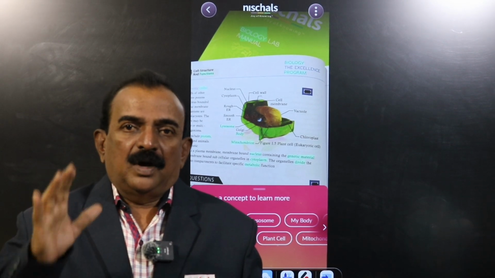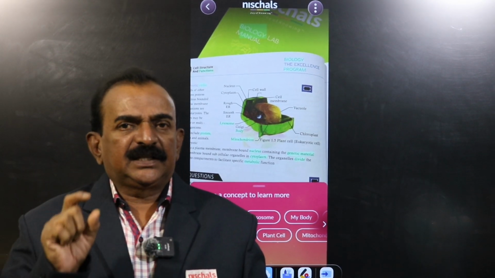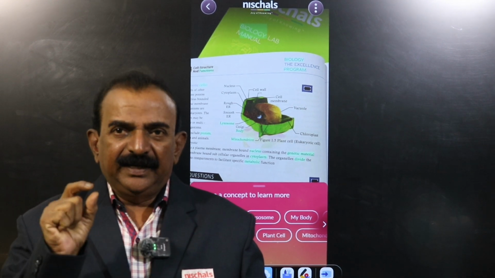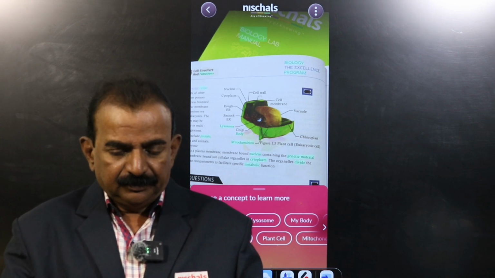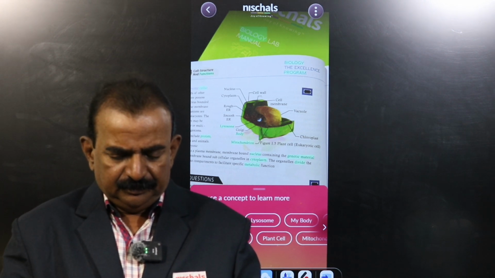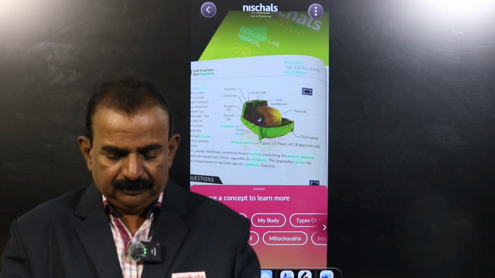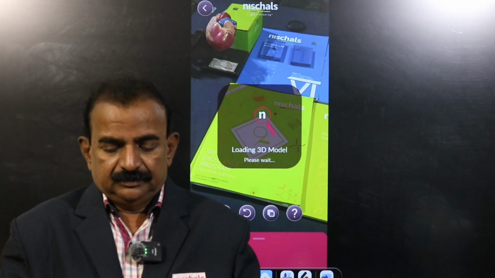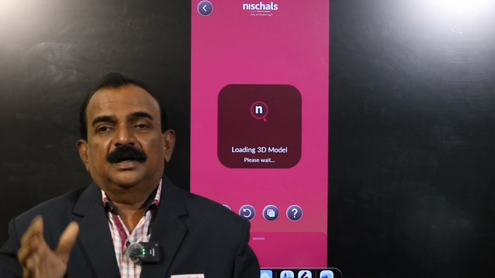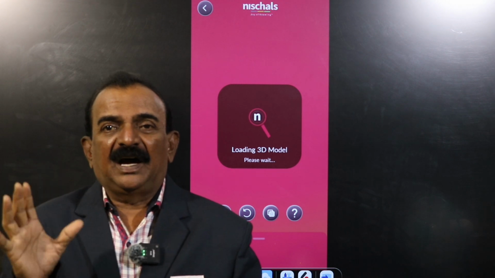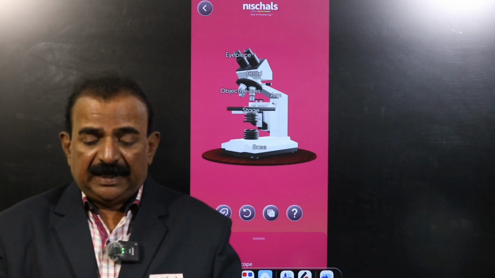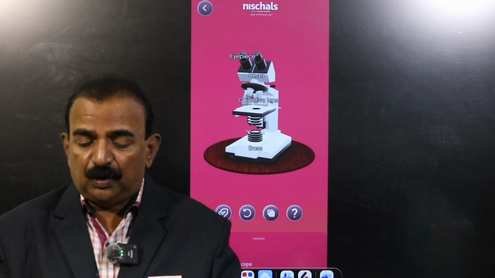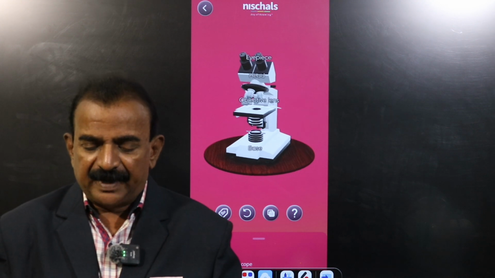Children, now I am operating Nischal's lens 3D model on the interactive flat panel. You are observing a beautiful 3D diagram of a light microscope, and this light microscope is also called a compound microscope.